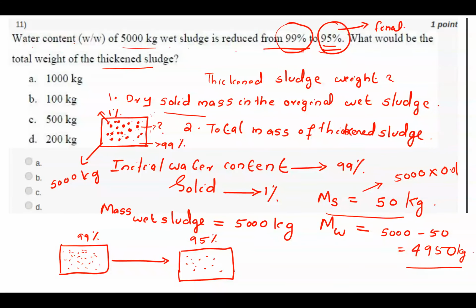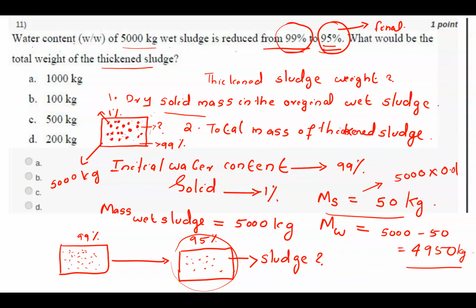Here also mass of the solid is there and mass of the liquid is also there. So the question is we have to calculate the total weight of the thickened sludge. What is the total weight of the sludge? That is the question.